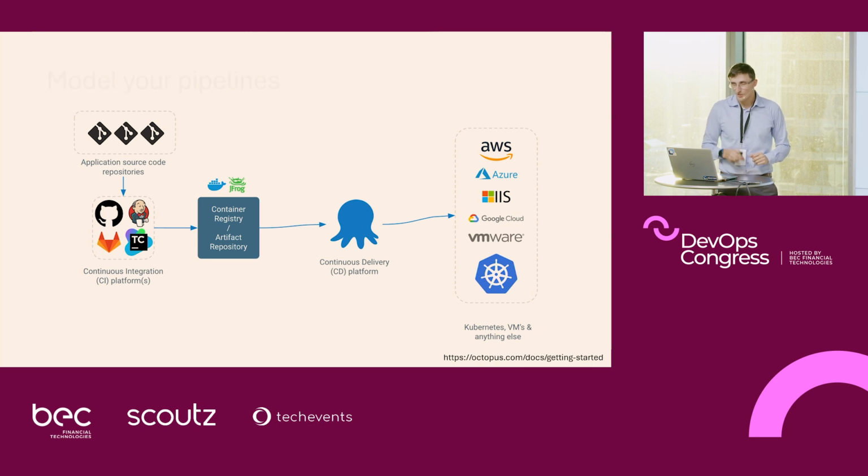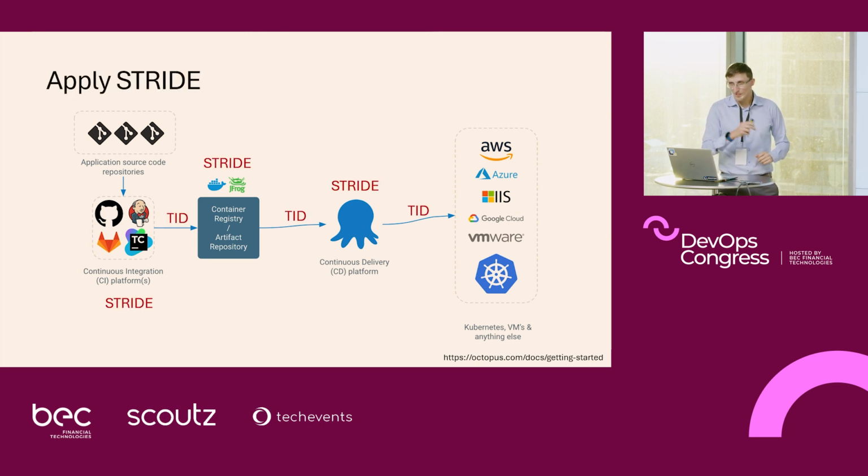For each element of this system, we could apply the STRIDE threat categories and ask: what could go wrong from the spoofing perspective on the continuous integration?